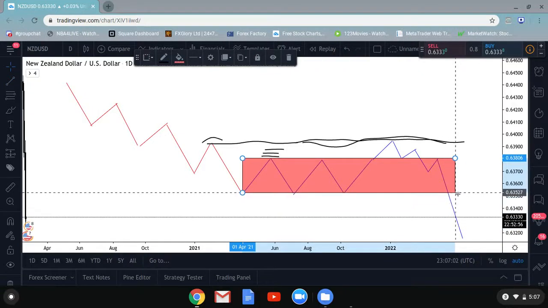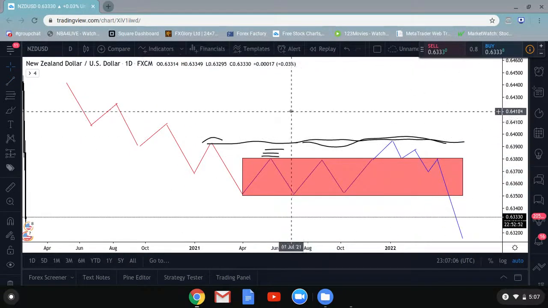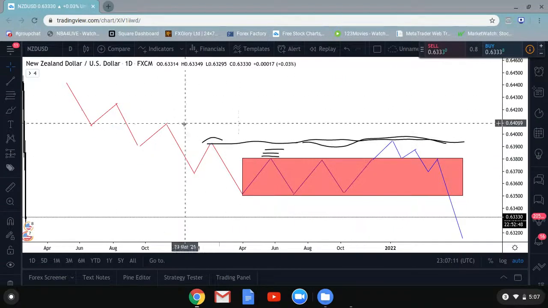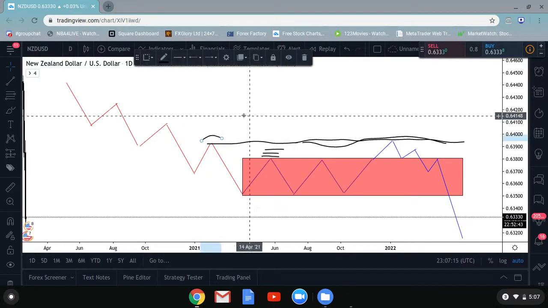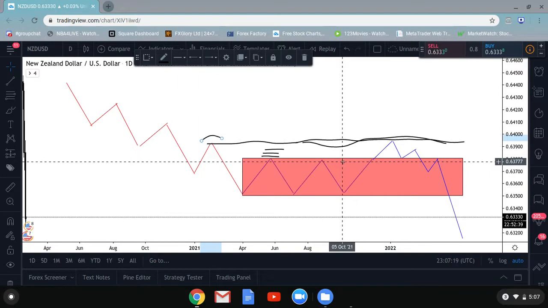And then it actually goes and breaks out. That happens a lot of the time. So you've got to know this, because they can see our stops. The banks and the bigger companies, they can see stops. So you've got to think about that as well, and not be the average retail trader.